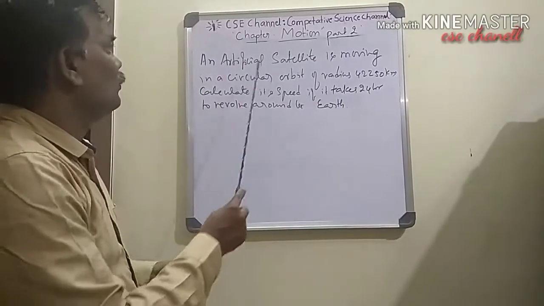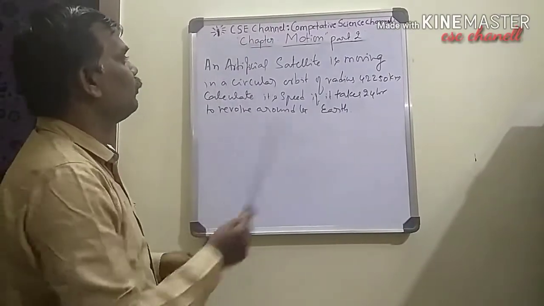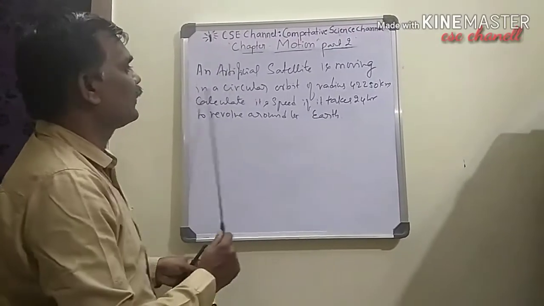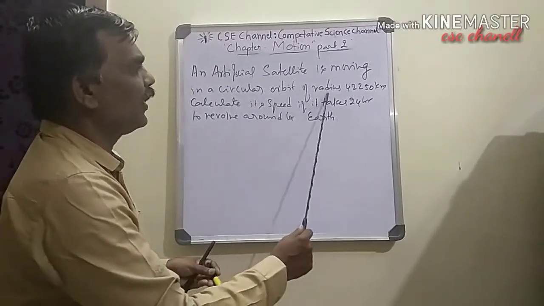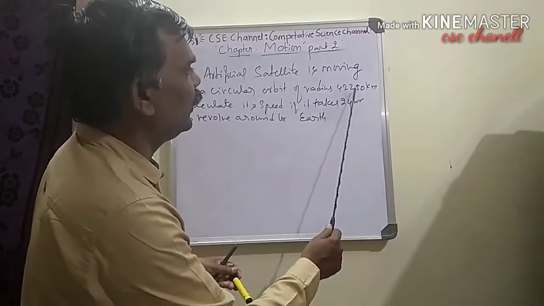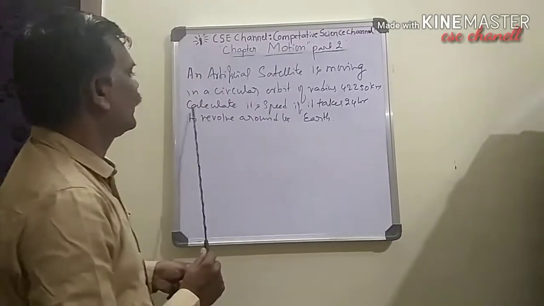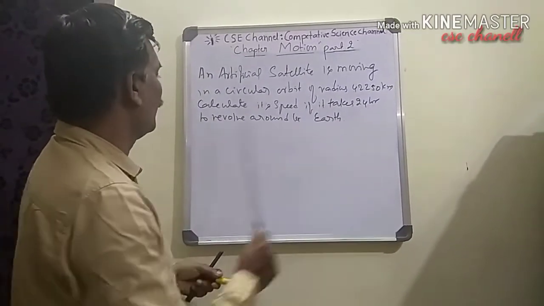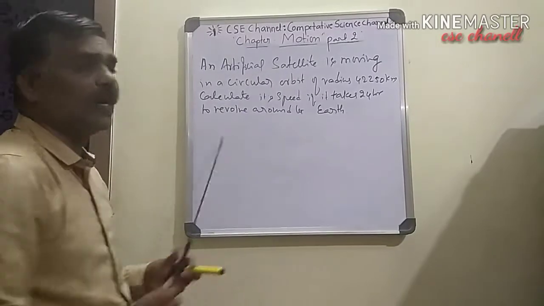Okay, one more problem on this in the speed problem. An artificial satellite is moving in a circular orbit of radius 42,250 kilometer. Calculate its speed if it takes 24 hours to revolve around the earth.